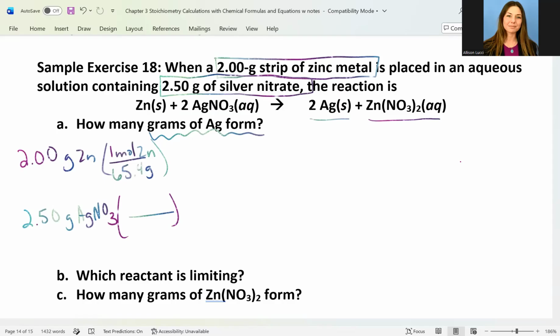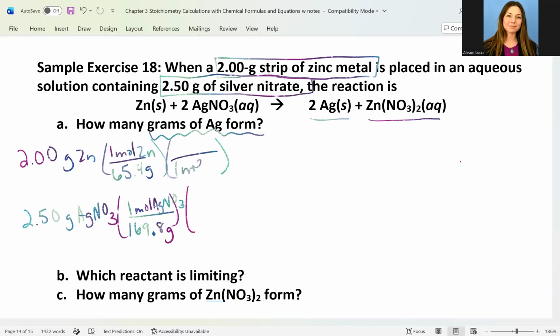And then we can solve for the molar mass of silver nitrate. So we have 1 silver and 1 nitrogen and 3 oxygens. That will give us 169.8 grams.